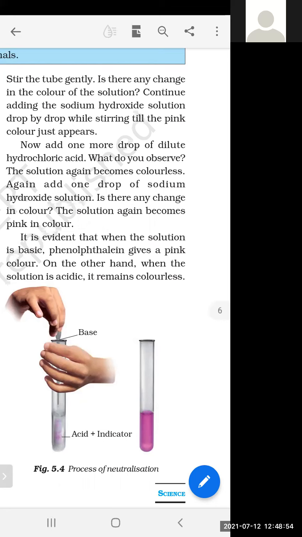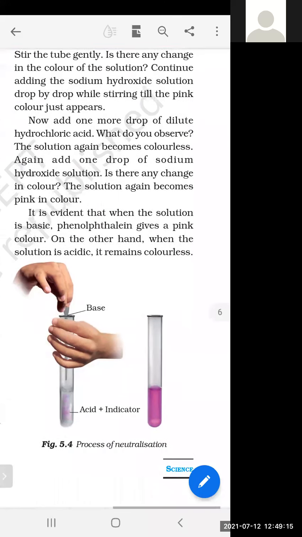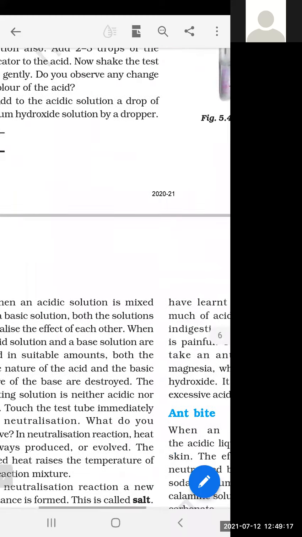Is there any change in the color? The solution again becomes pink in color. It is evident that when the solution is basic, phenolphthalein gives a pink color. On the other hand, when the solution is acidic, it remains colorless.